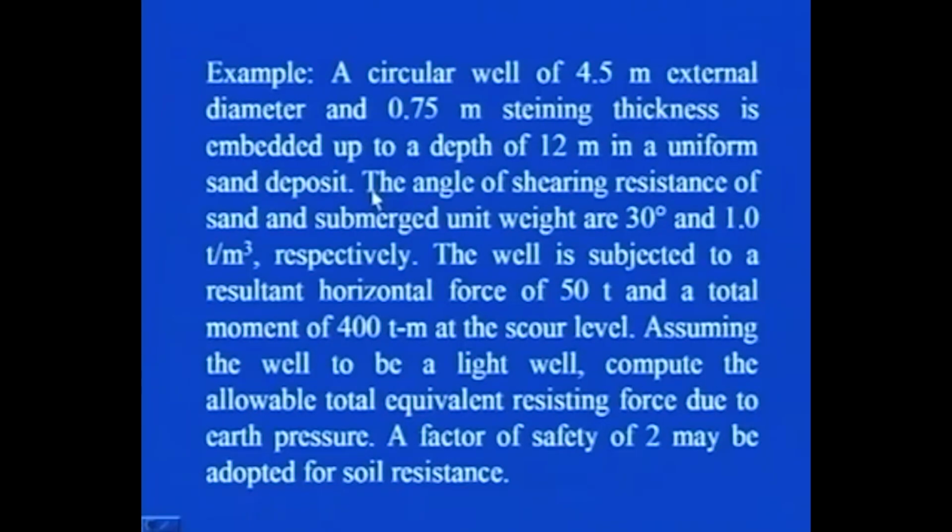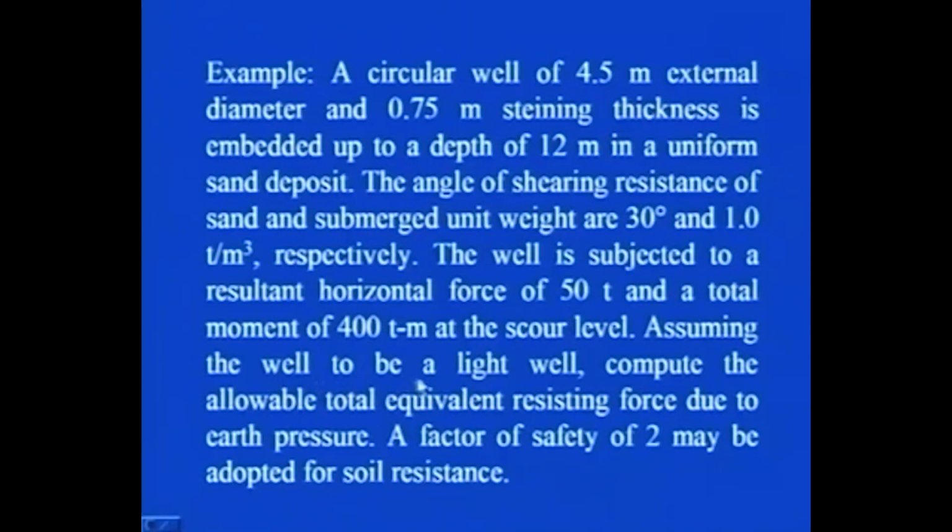Further, it says that the angle of shearing resistance of sand and submerged unit weight are 30 degree and 1 ton per meter cube respectively. The well is subjected to a resultant horizontal force of 50 tonnes and a total moment of 40 ton meter at the scour level. So here the horizontal force as well as the additional moment are both acting on the well.